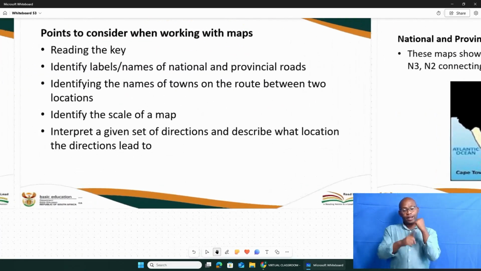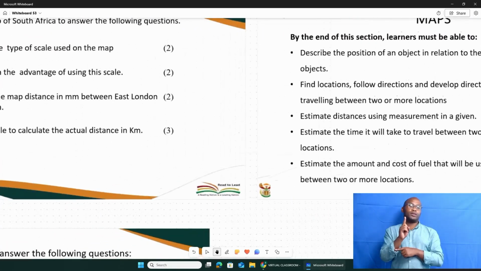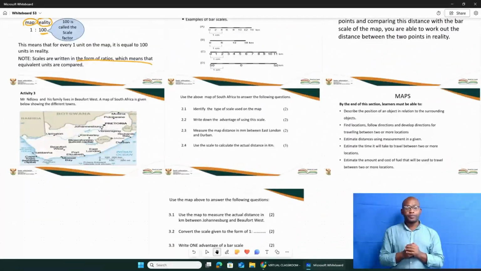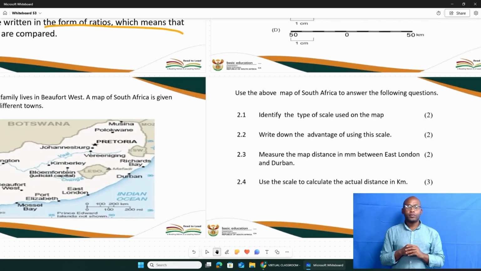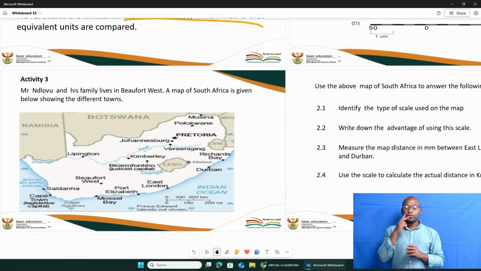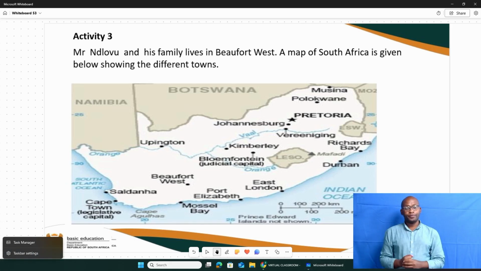The last one, which I also want to talk about when we deal with the scale, is also being rounded off through this activity. Activity number 3: Mr. Ndlovu and his family live in Beaufort West.